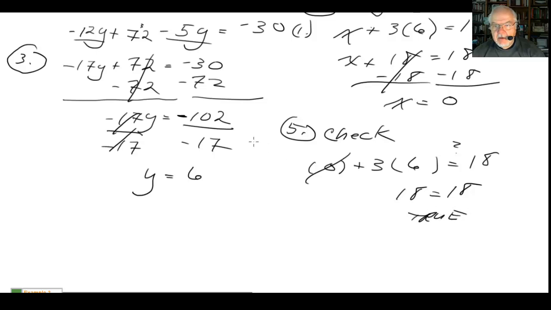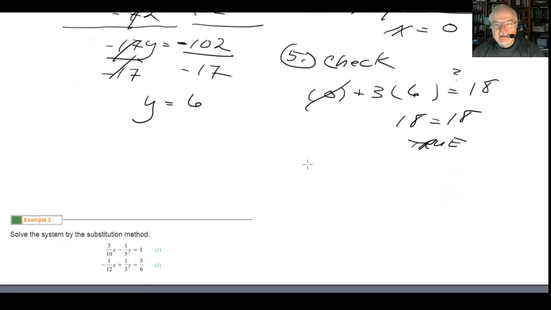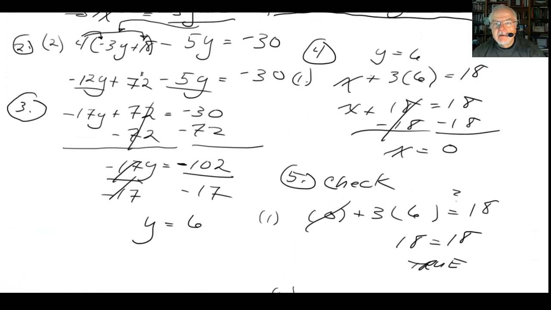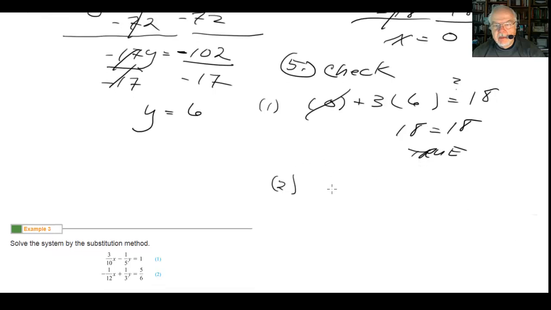So we know that our solution at least satisfies equation 1, but it also has to satisfy equation 2. What's equation 2? Well, let's look up here. Equation 2: 4x minus 5y equals minus 30. Does that equal minus 30 when I plug in my answers?